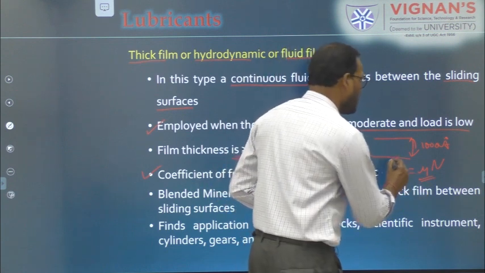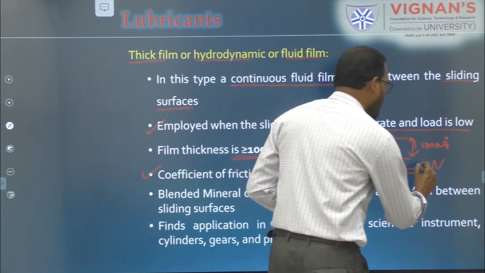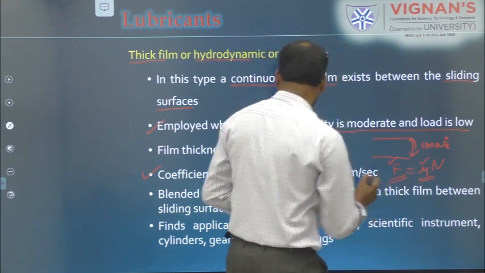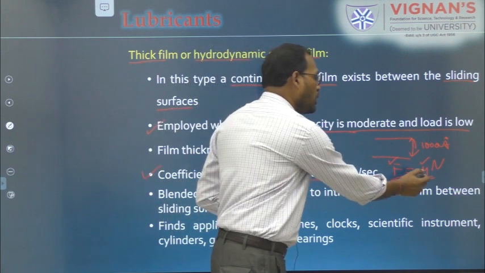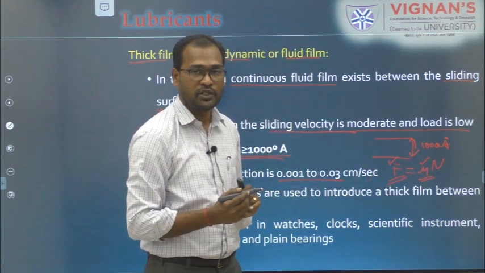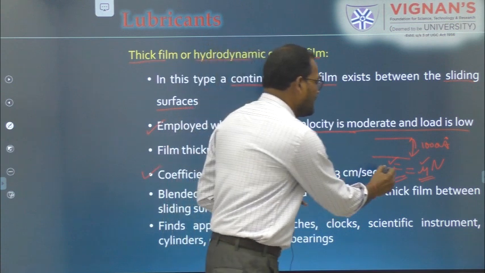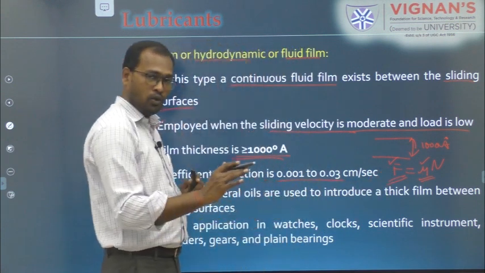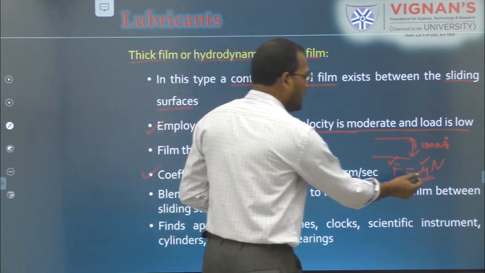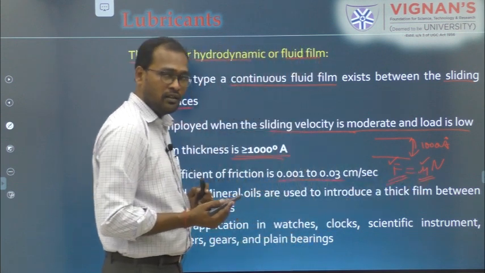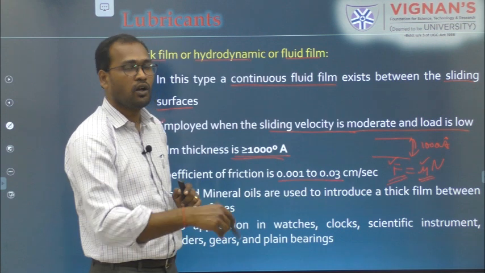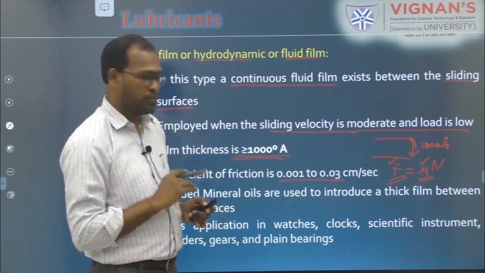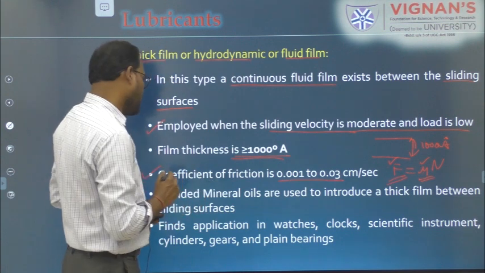If the frictional force is high, the coefficient will also be high. So we should have a lower frictional coefficient, so that the frictional force will also be lower, right? So we have to choose a lubricant which has a lesser coefficient of friction, thereby the frictional force will also be lesser, so that the material can move very smoothly. Okay, so this is coefficient of friction.